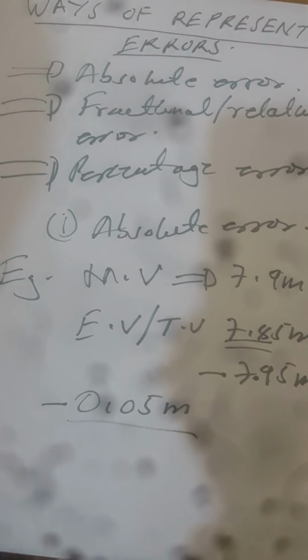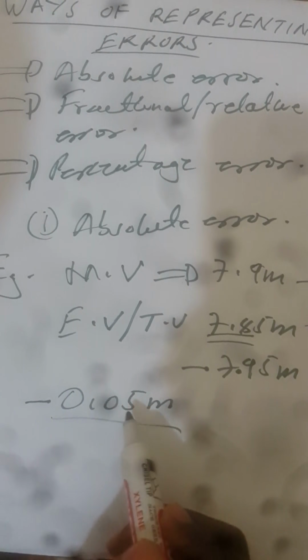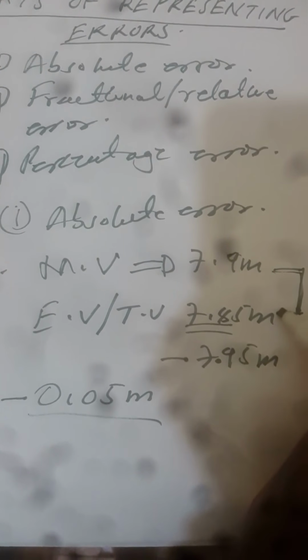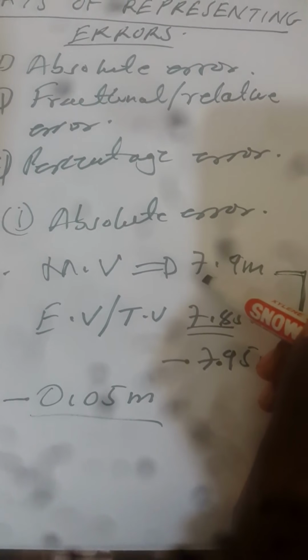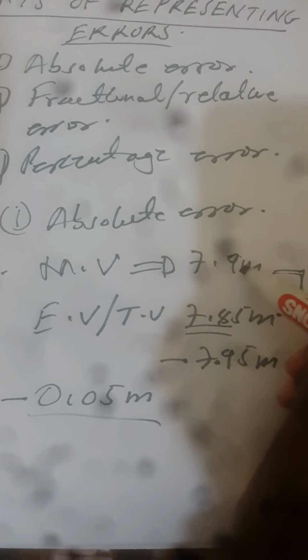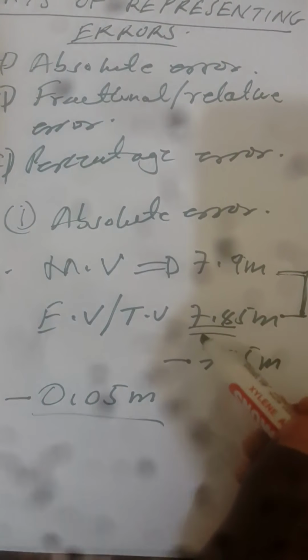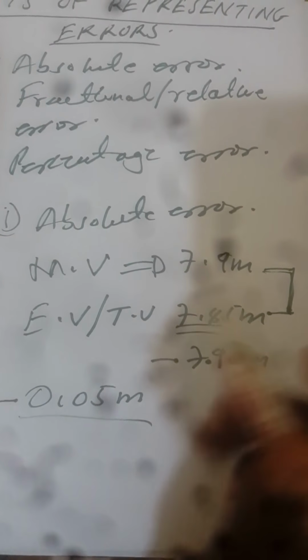So when you subtract this 0.05 meter, which is the difference between these two, from the measured value of 7.9 meter, you will obtain the exact or true value, which is 7.85 meter.